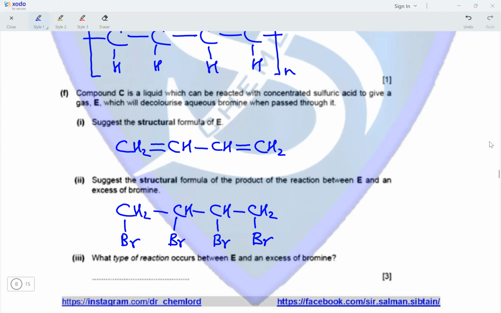What type of a reaction occurs between E and an excess of bromine? So bromine is added onto the alkene. So this is known as an electrophilic addition reaction. So alkenes undergo electrophilic addition with aqueous bromine to produce a halogenoalkane or a bromoalkane. Here in this case, we've got a bromine atom attached to each carbon atom because there were two double bonds present.